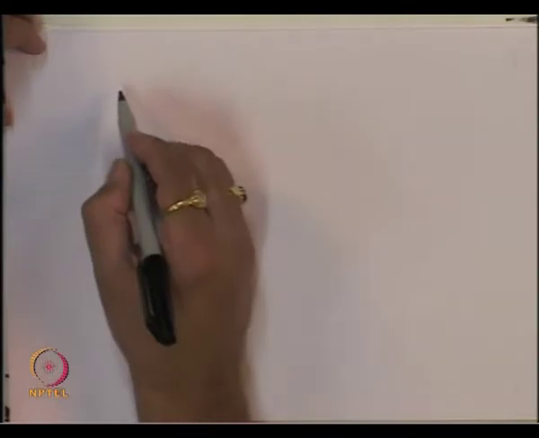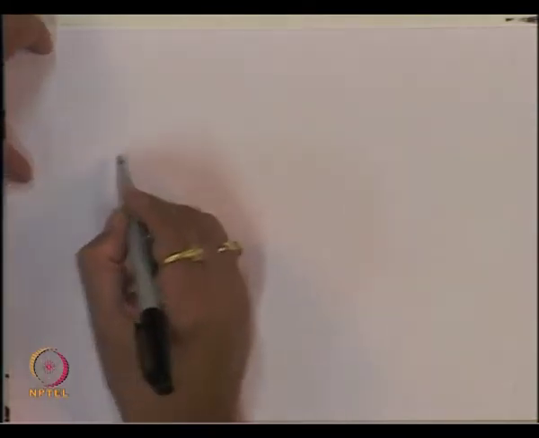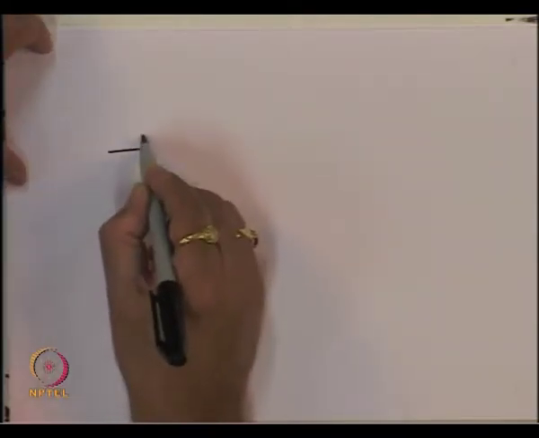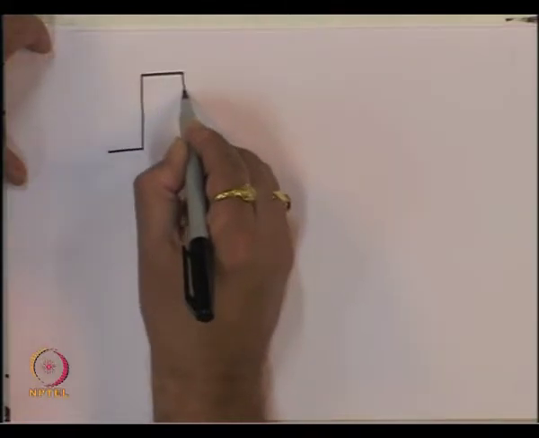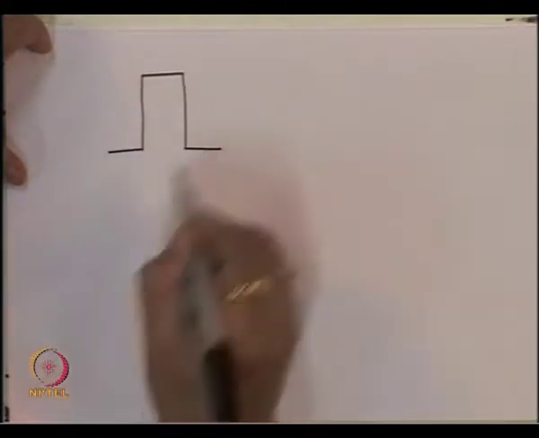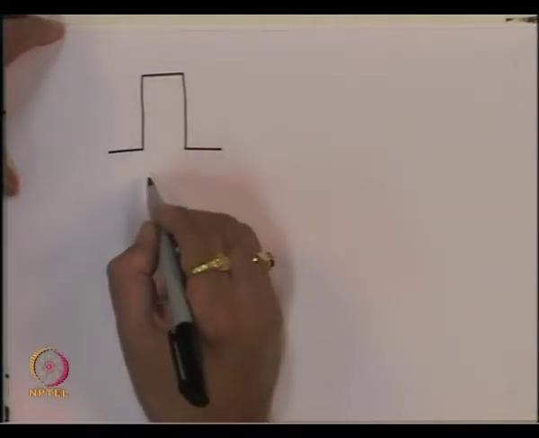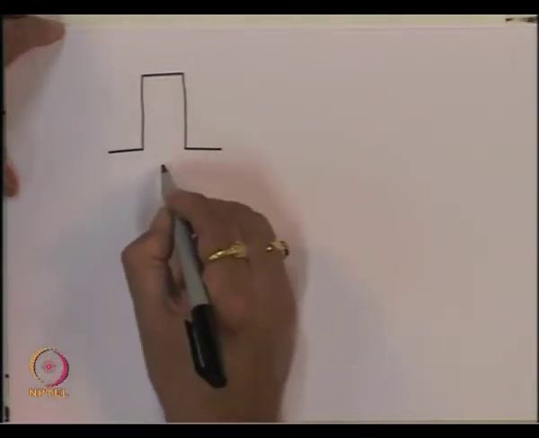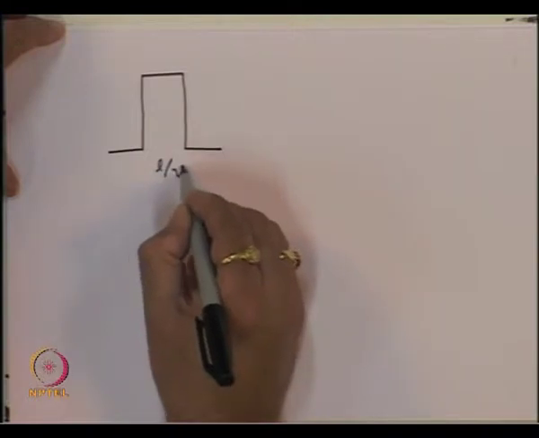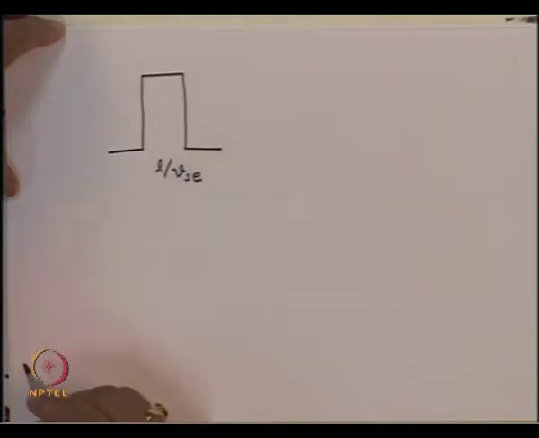Then one can say that for an absorption near the P edge of the intrinsic material, we will get a current pulse which will be like this, and this will be flowing for a time T transit, which is L divided by VSE.